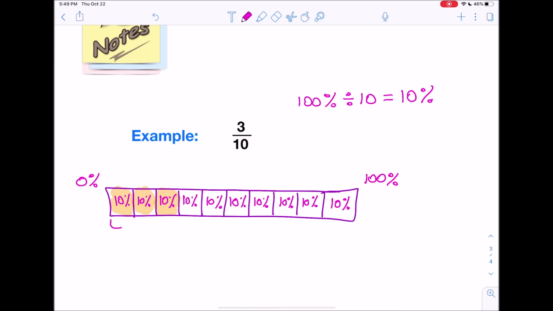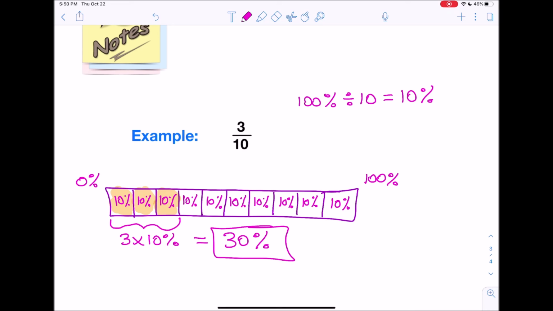Well, we have 3 squares colored in. Each square is worth 10%, so we have 3 times 10%. That means our total percent is going to be 30. So our answer is 30%. So 3/10 equals 30%.